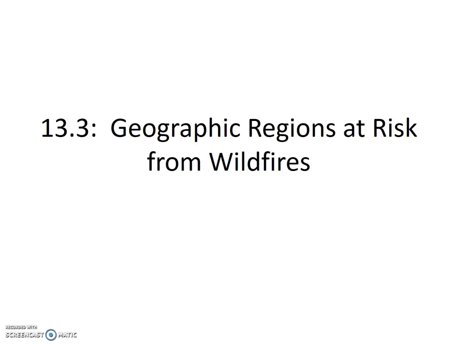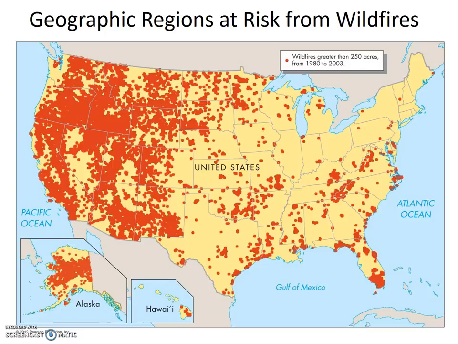13.3 Geographic regions at risk from wildfires. The map shows wildfires greater than 250 acres from 1980 to 2003, indicated in a red dot. What do you notice about the pattern of wildfires in the United States?